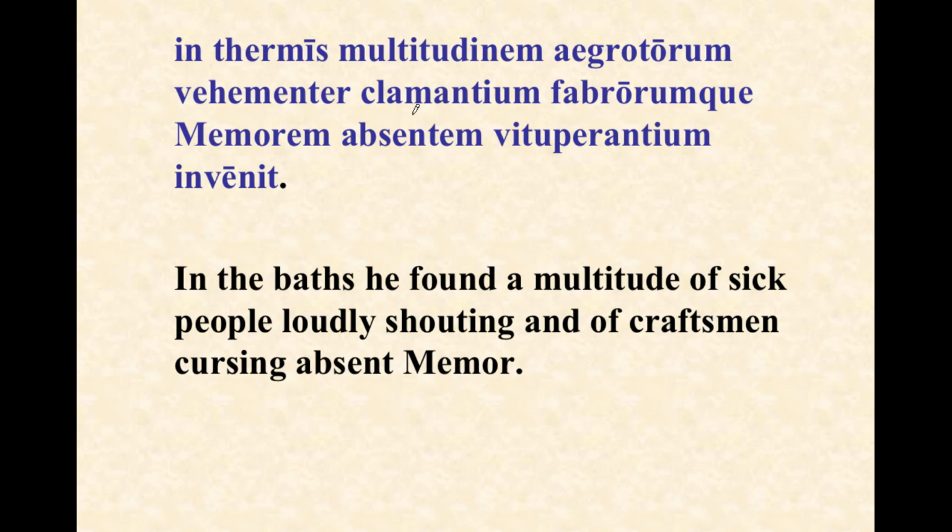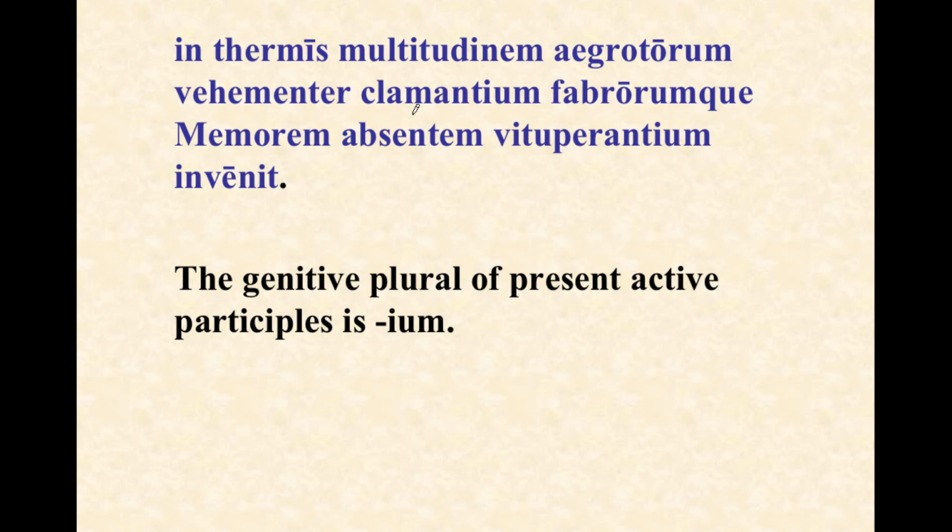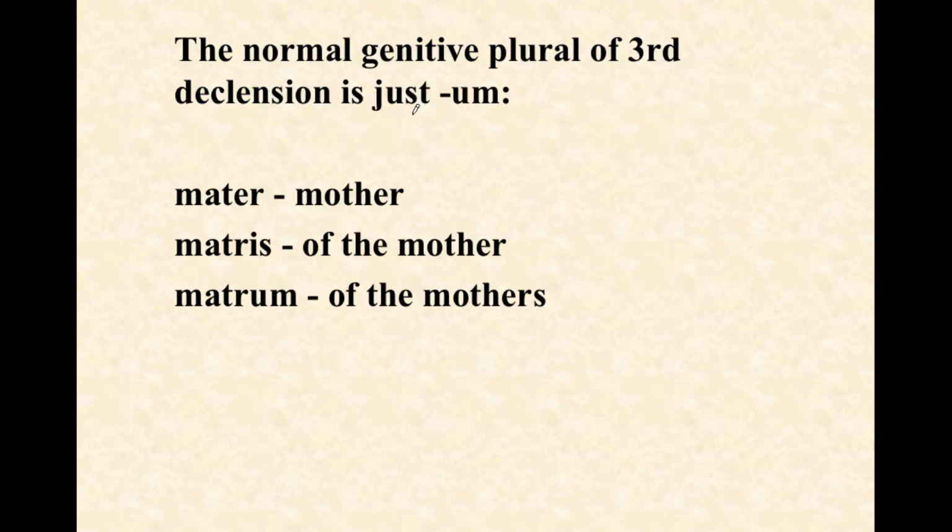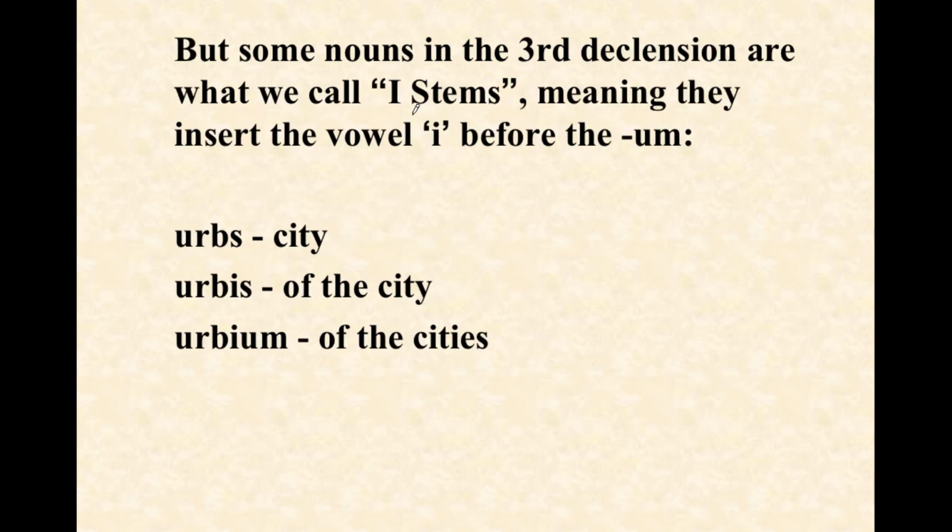Okay, so again, to review, the genitive plural of present active participles is IUM. Okay, the normal genitive plural of third declension is just um. Mater, mother, genitive singular of the mother, matrum of the mothers. But then again, now we've learned in this lesson what we call I stems. Okay, urbs, city, urbis is the genitive singular, but we add an extra I with these I stems.